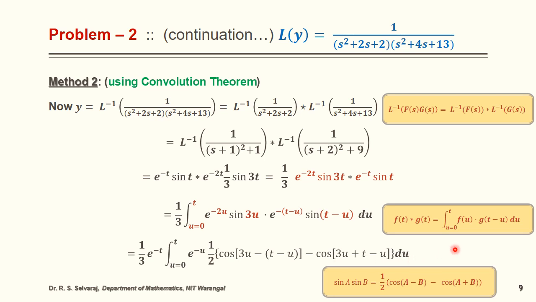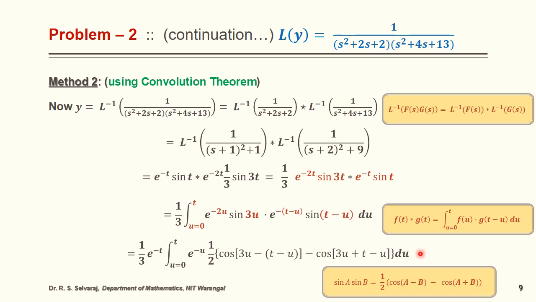Now I just want to caution you about one thing. There are students who will apply the sin a minus b formula for this sin of t minus u. If that is the case, you will get two more expressions, and in those you need to once again apply sin a sin b or cos a cos b kinds of formulas, and then you will get nearly 4 terms, which will be again complicated.